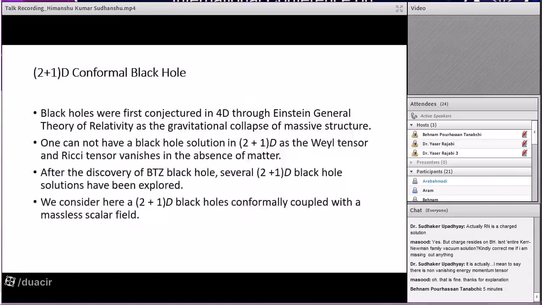Now let's talk about the 3D conformal black holes. Black holes were first conjectured in 4D through Einstein's general theory of relativity as the gravitational collapse of massive structures.